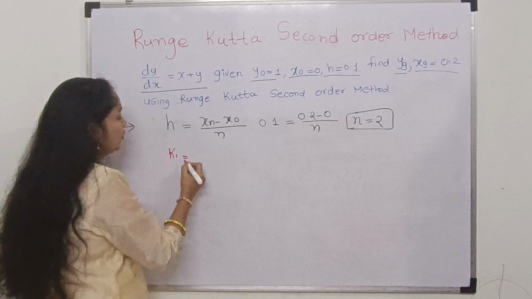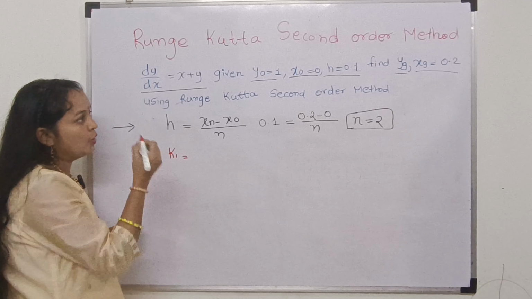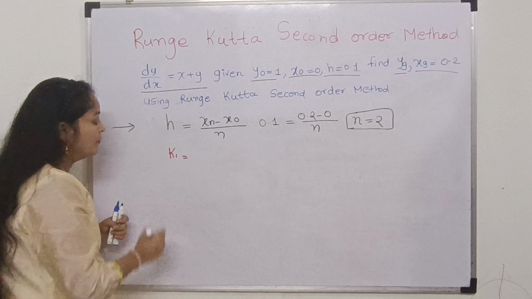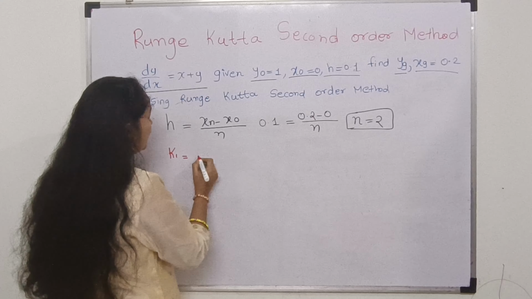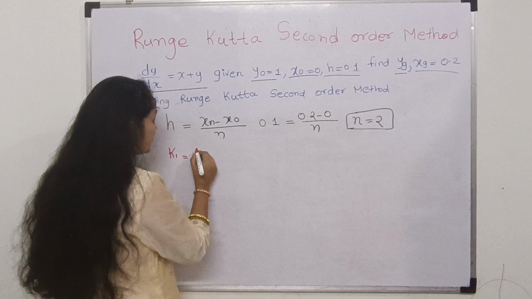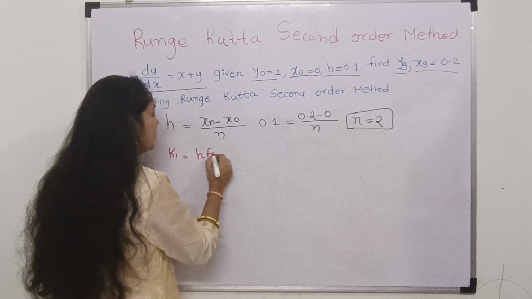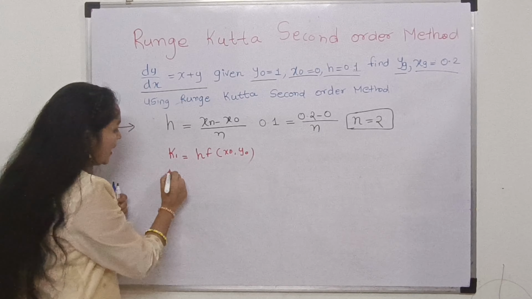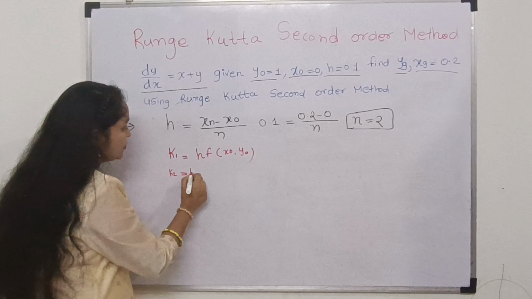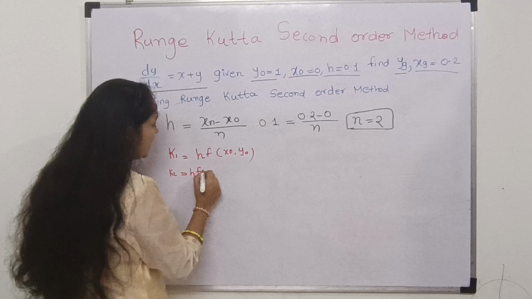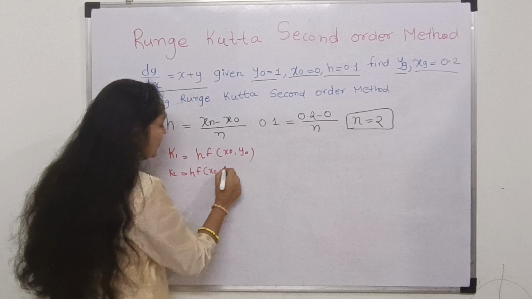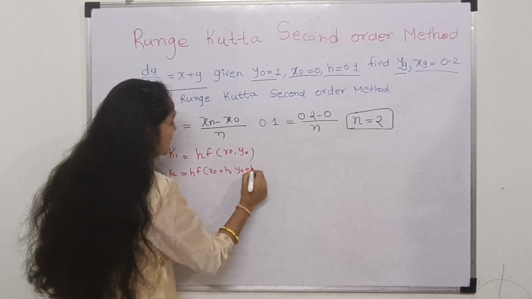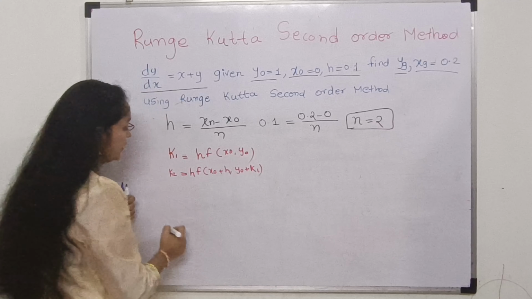Firstly, you have to calculate K1, the coefficient or constant that you are supposed to use in the Runge-Kutta method. K1 is equal to h times the function of x0, y0, and K2 is h times the function of x0 plus h, y0 plus K1, right?